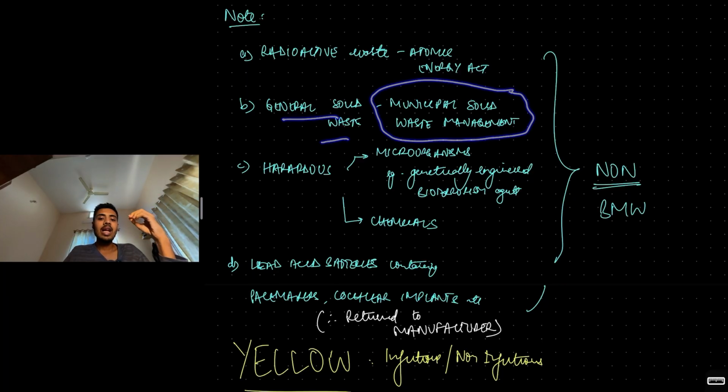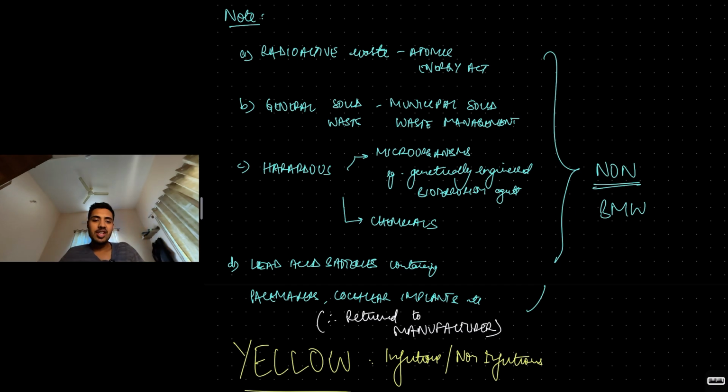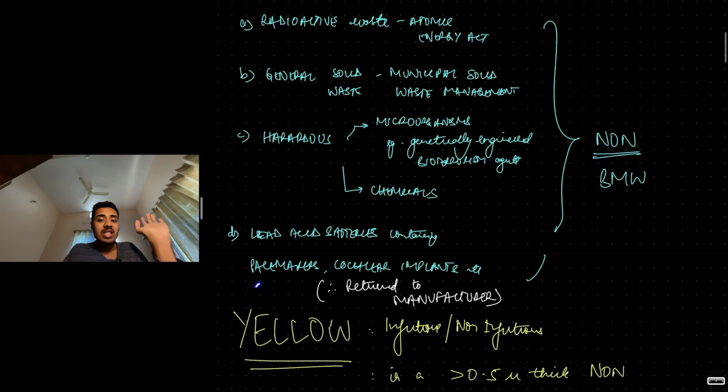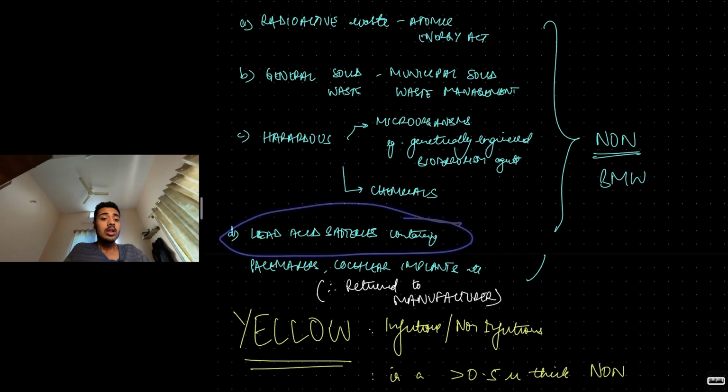Like if you have a new syringe, the plastic wrapper for that is just general solid waste and does not come under biomedical waste management. Hazardous microorganisms, for example genetically engineered bioterrorism agents, and hazardous chemicals are also not biomedical waste. Then pacemakers and cochlear implants, these machines in our body which have lead acid batteries, are returned to the manufacturer. They are not considered biomedical waste.